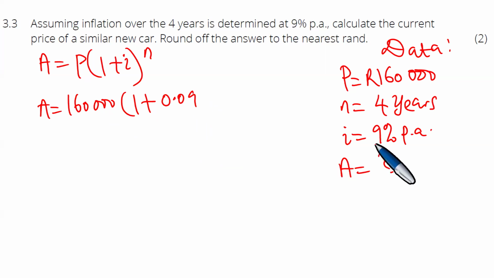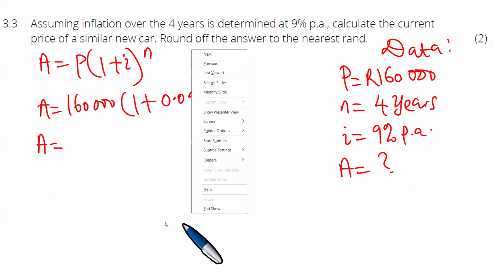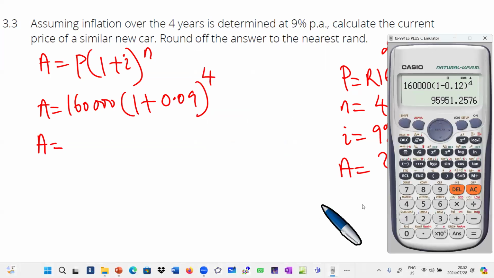You divide this by 100 and raise it to the power n, which is 4 years. So A equals, okay, 160,000.